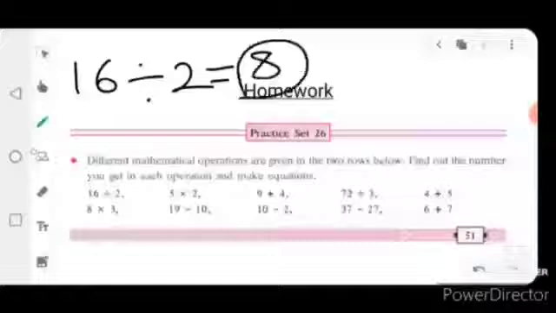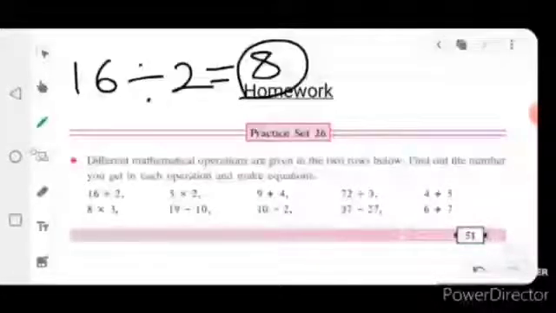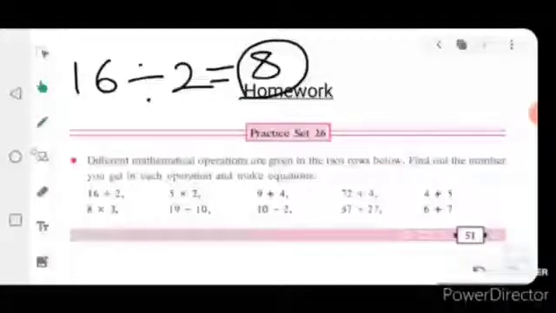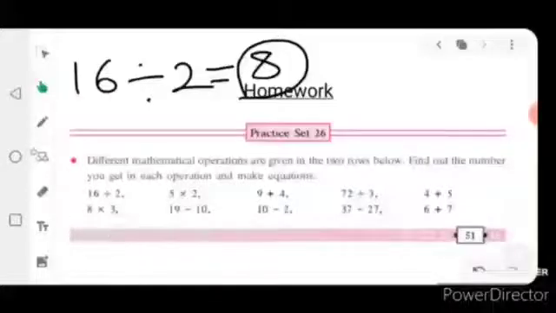Now find another expression whose answer will be 8. 5 2s are 10. 9 plus 4 is equal to 13. 72 divided by 3 is equal to 24. 4 plus 5 is equal to 9. 8 multiplied by 3, 8 3s are 24. 19 minus 10 is equal to 9. 10 minus 2 is equal to 8.